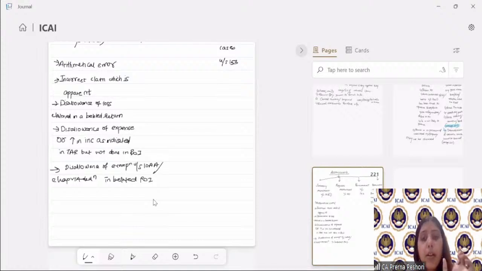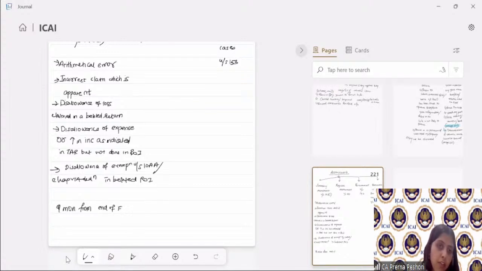So the intimation under 143(1), the summary assessment, has to be within a period of 9 months from the end of the financial year in which the return was made.